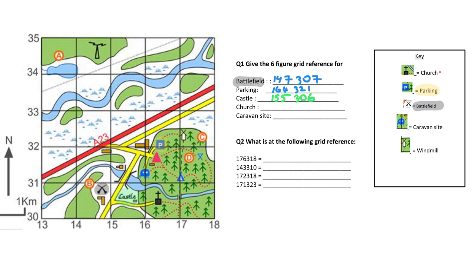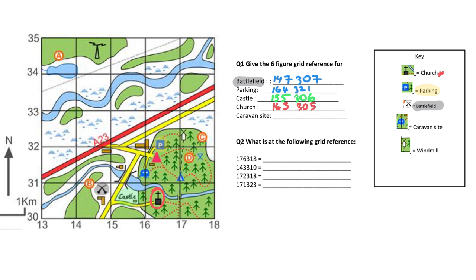The church next we can see has a key with a square with a cross above it, so we can see it's here, and we're in the 16 grid horizontally, about 3/10 of the way through, so 163, and then we're up about halfway, so again we're in the 30 grid, so we could do 305.